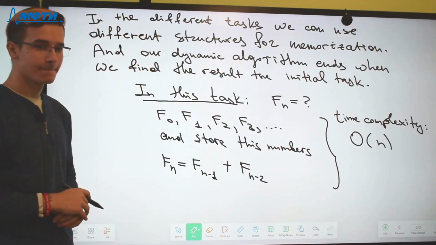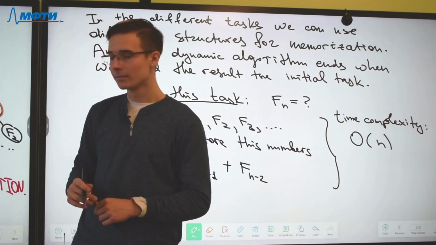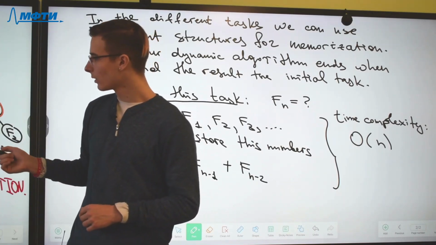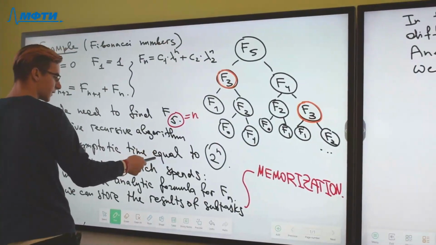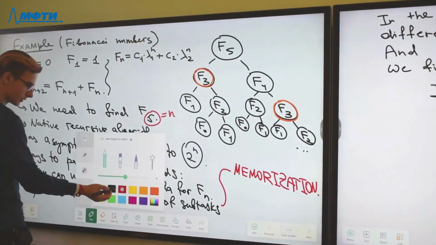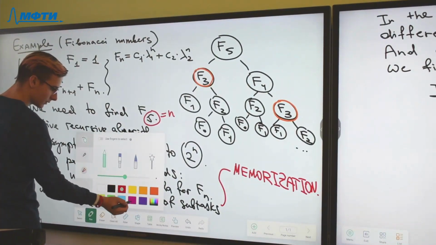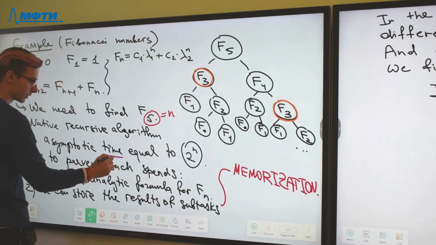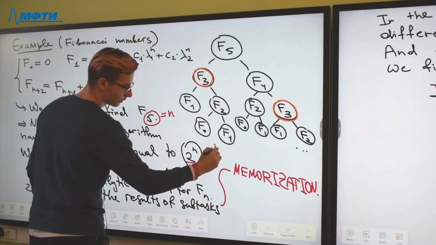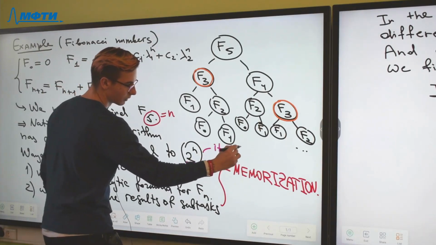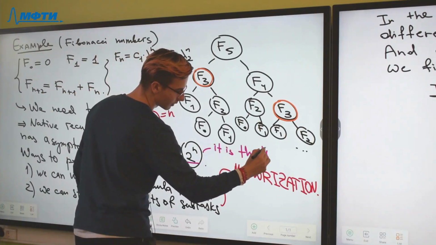In the negative equation, it will be log n, right? No. Here we have exponential time complexity. So, yeah, 2 power n. It is the time complexity.